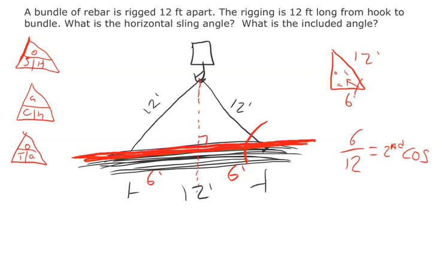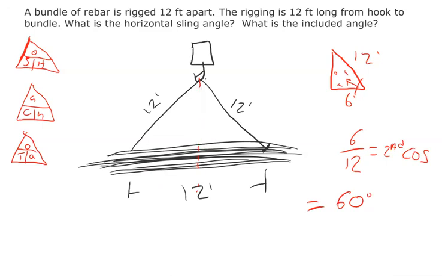So 6 divided by 12, second function cosine, equals 60 degrees. Did it freak you out when you didn't get a whole bunch of decimals? Be honest with me. Yeah. So that is 60 degrees in the bottom corner. Okay, 60 degrees.